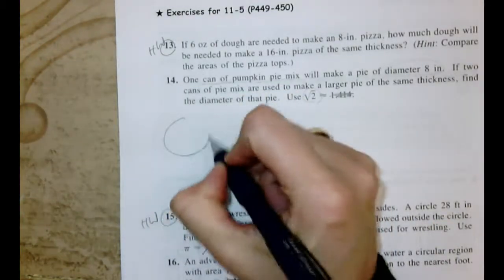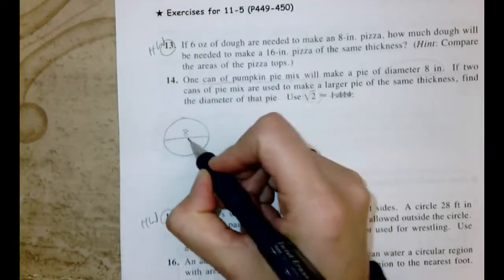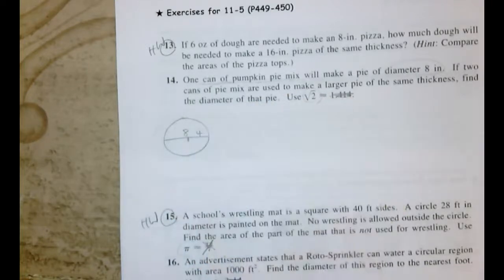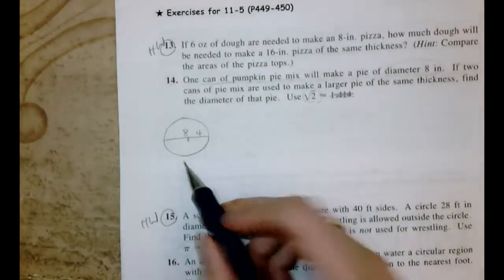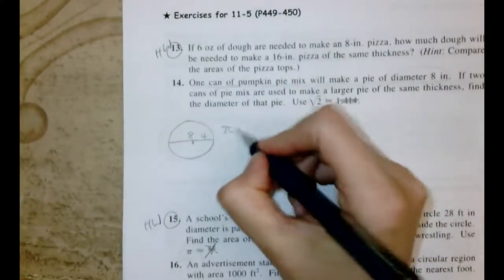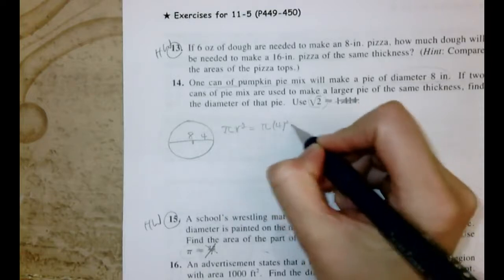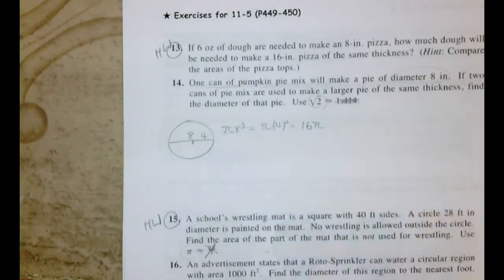One small pie with diameter 8 means the radius is 4. The area of this pie is pi r squared, which is pi times 4 squared, so that's 16 pi.